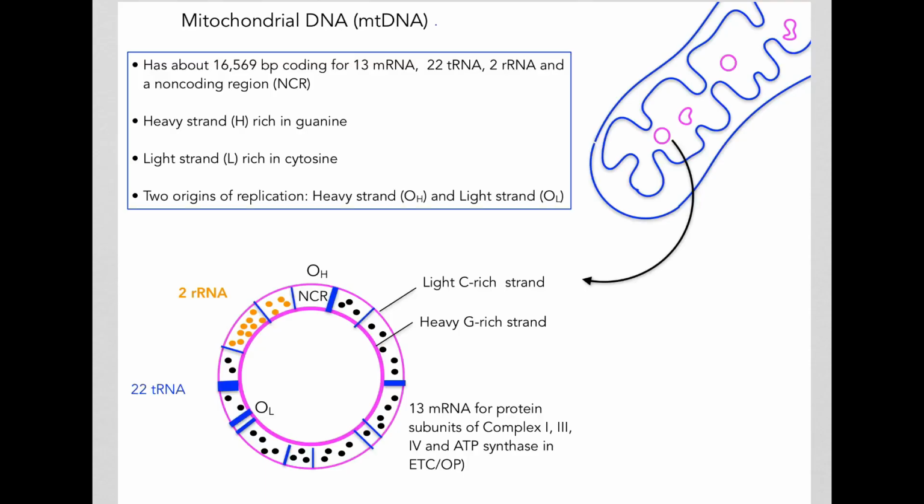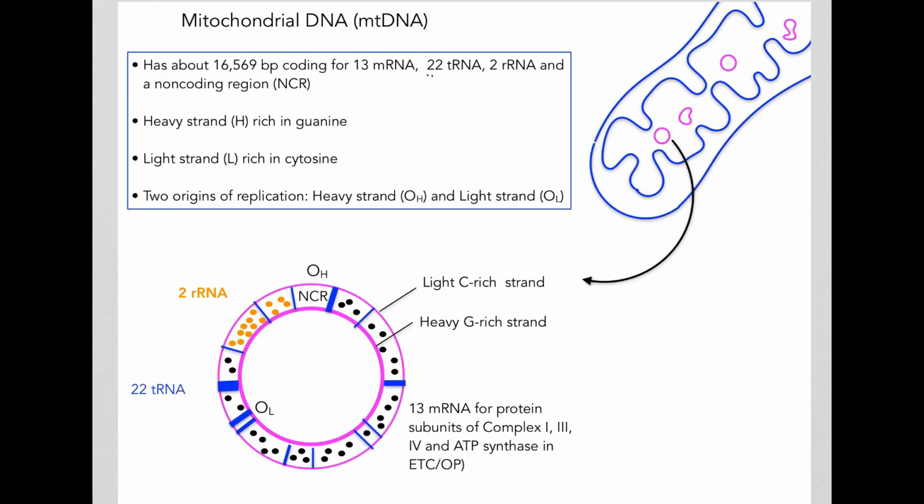A little bit about the mitochondrial DNA structure before we talk about replication. Mitochondrial DNA is circular. It has about 17,000 base pairs, which code for 13 messenger RNAs. And these messenger RNAs go on to make protein subunits for complex 1, 3, and 4 of the electron transport chain, as well as protein subunits for ATP synthase in the oxidative phosphorylation.